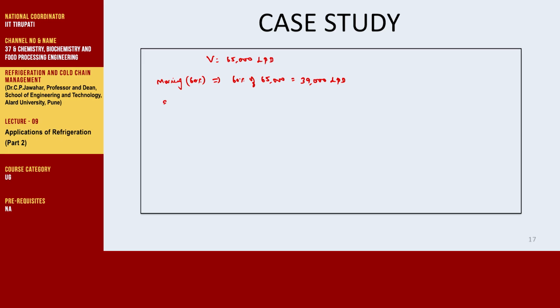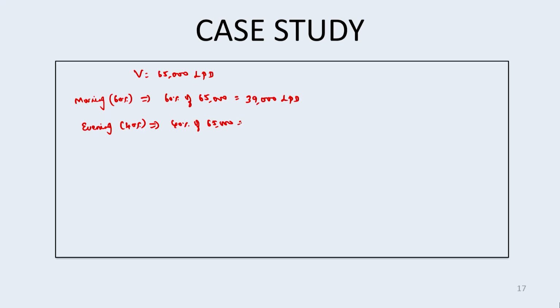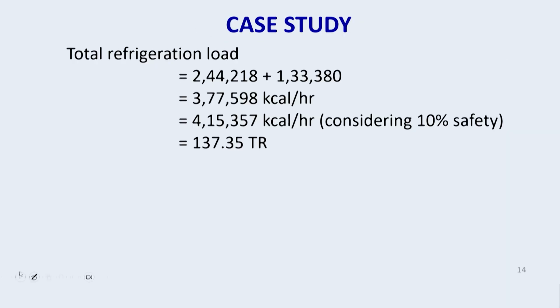Similarly in the evening, it is the remaining 40%. So 40% of 65,000, which is 65,000 minus 39,000, is about 26,000 liters per day.